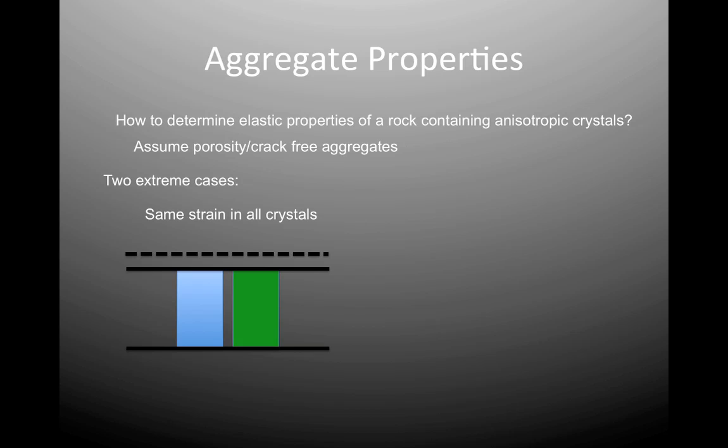So both crystals have been exposed to the same strain, and there is some average force divided by the area of the two crystals that is applied in order to accomplish this strain. So there's the measure of strain, and the stress will be the average of the two stresses in the two crystals. Well, the stresses are proportional to the elastic constant times the strain.